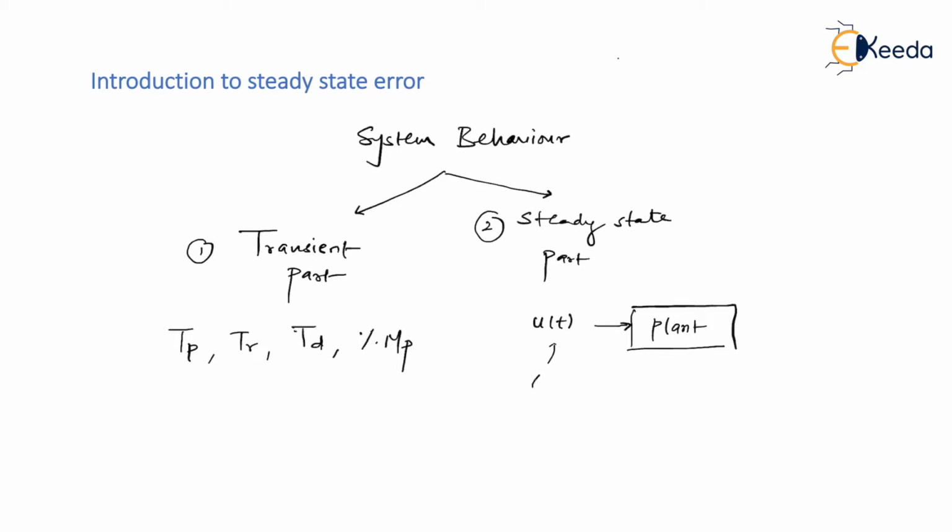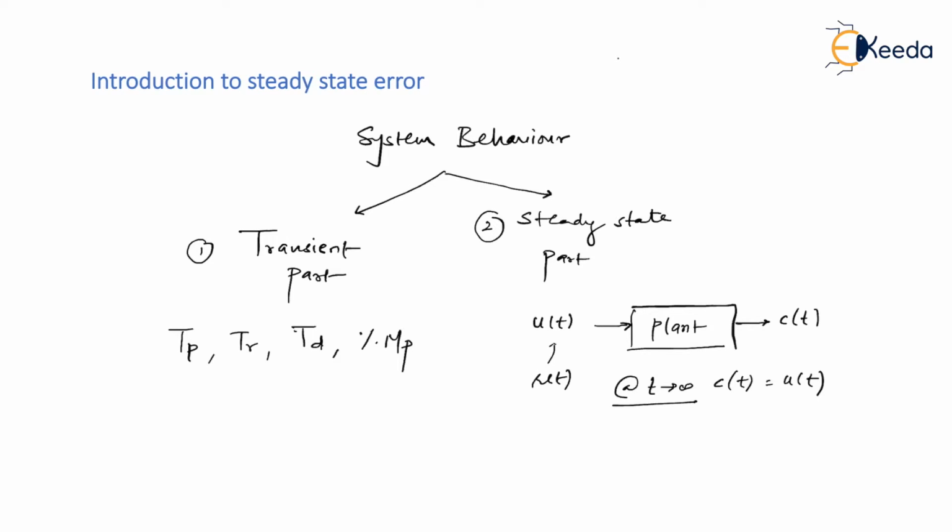You know that this is r of t, the reference input, and what we observe here is the controlled output, c of t. If u of t is given as a reference, we want our c of t to behave as u of t. So c of t should ideally be equal to u of t in steady state. This is when the steady state comes, mathematically when t tends to infinity. This is considered as a final condition. So the final condition for c of t should be equal to u of t.